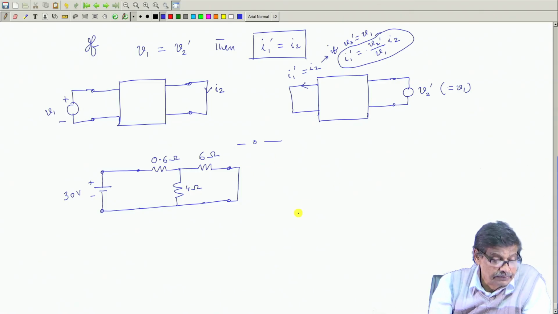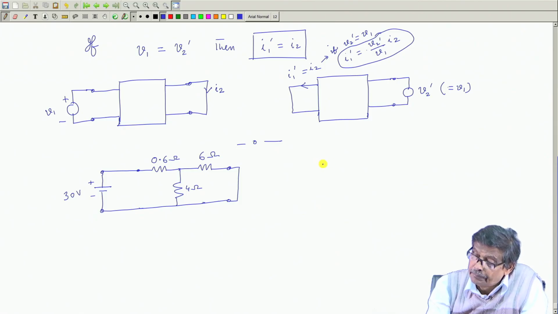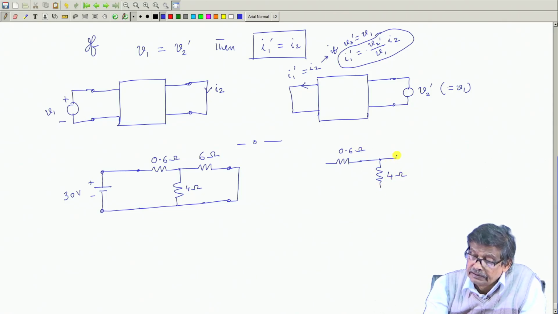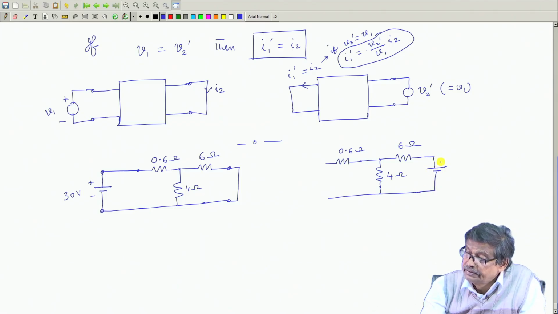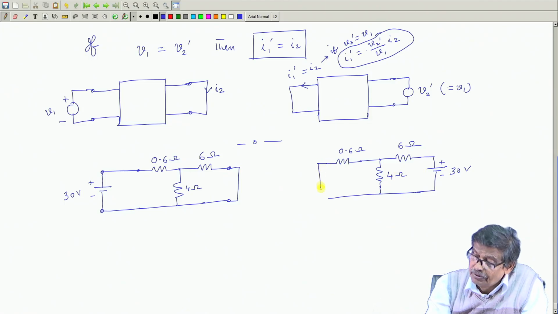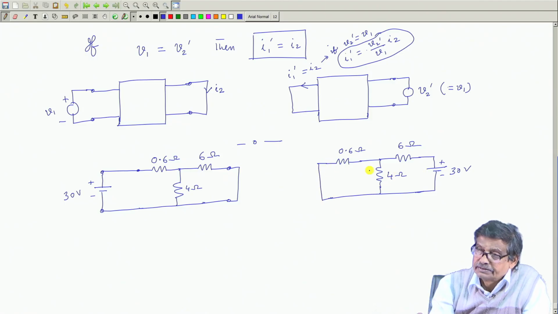Then I am asking you what will happen. 0.6 ohm, 4 ohm, 6 ohm, and here I will apply this voltage 30 volt, and how much will be the current in this branch.